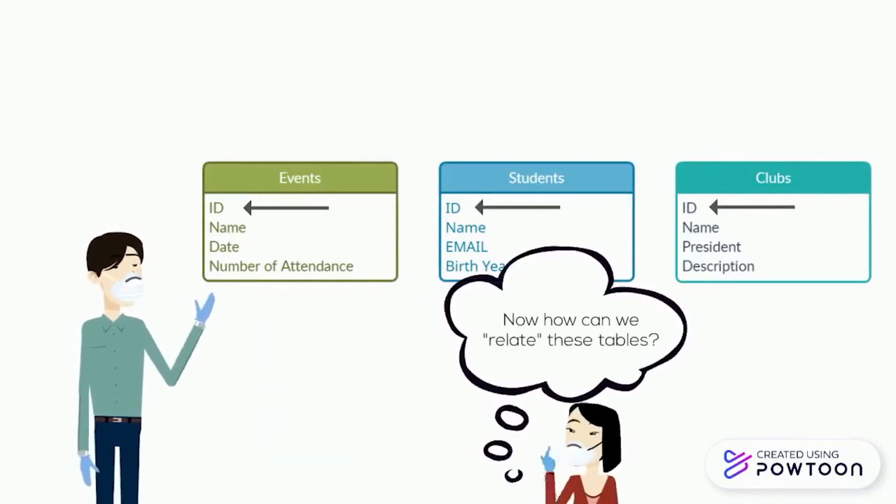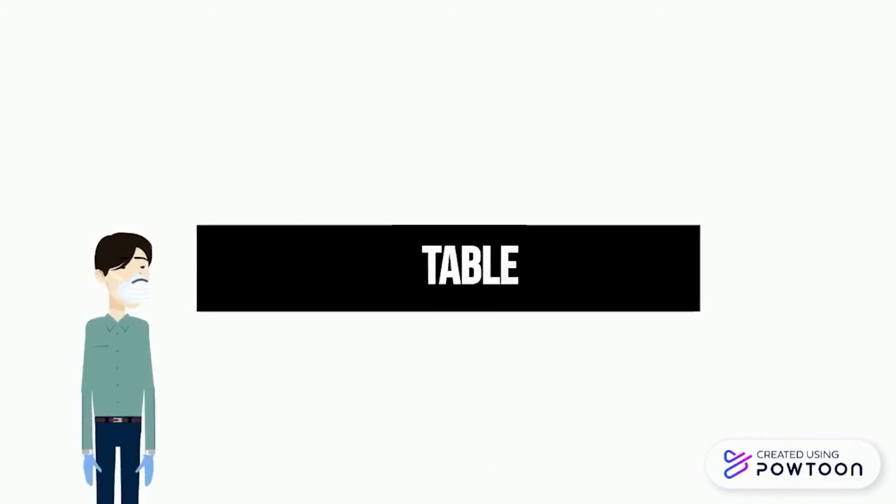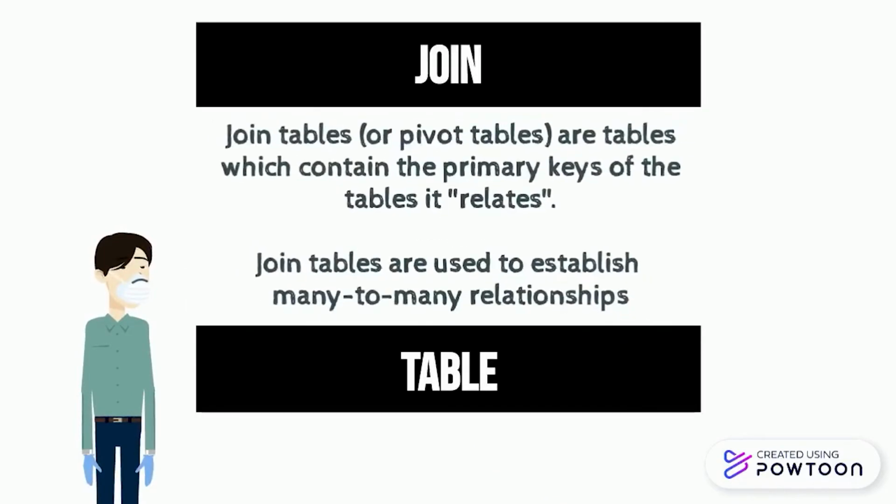Now, how can we relate these tables? Join tables. So join tables or pivot tables are tables which contain the primary keys of the tables they relate.